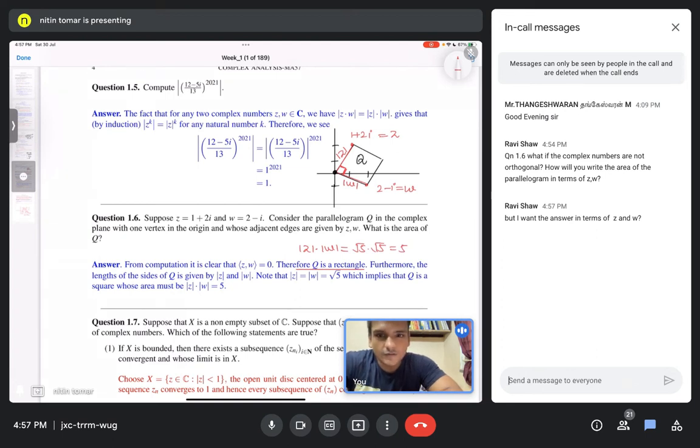We can always do this question with the double integration technique. When it comes to a strange problem where you have no orthogonality between the vectors, you can always go to these techniques, and your answer will not be in terms of Z and W, because you are fixing Z and W first. So your answer will be a numerical value.